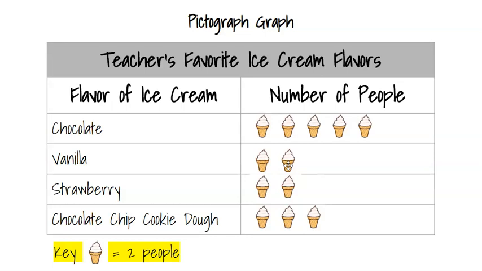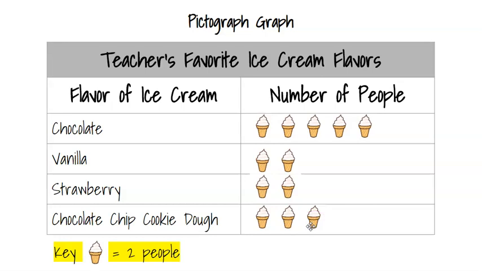How many people liked strawberry as their favorite? Let's count. 2, 4. So 4 people liked strawberry ice cream as their favorite. Lastly, how many people like chocolate chip cookie dough as their favorite? Well, let's count. 2, 4, 6. 6 people liked chocolate chip cookie dough as their favorite.